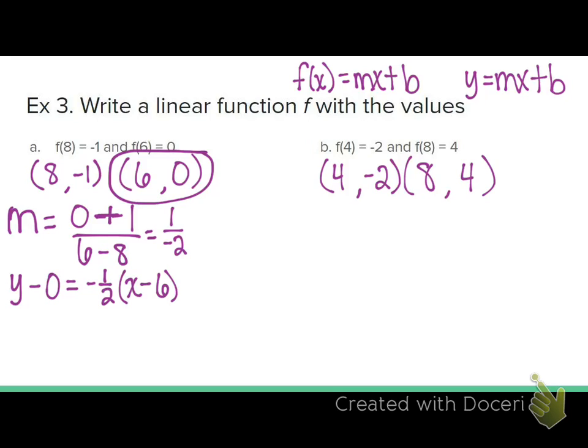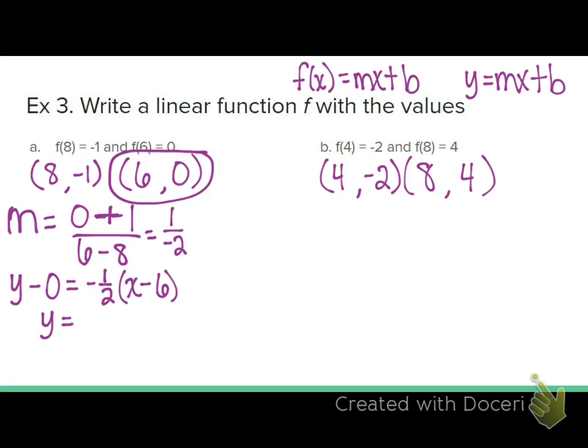What is y minus 0? What's 8 minus 0? 8. What's 10 minus 0? 10. What's y minus 0? y. So this makes it easy because now the y is already going to be alone.